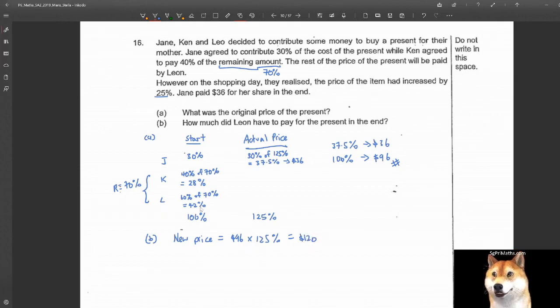So Leon is supposed to pay 42% of the present. So Leon equals $120 times 42%. This will give us $50.40.